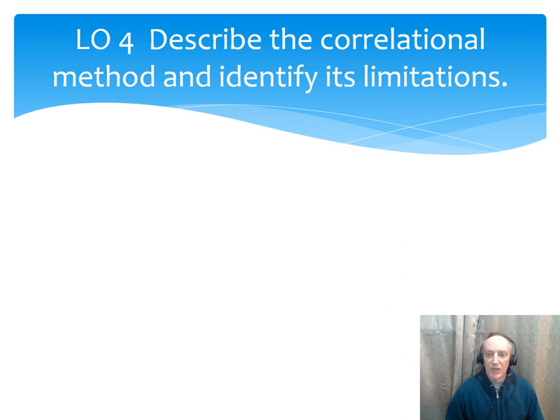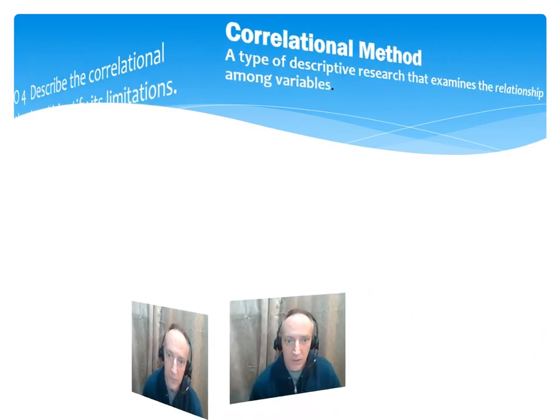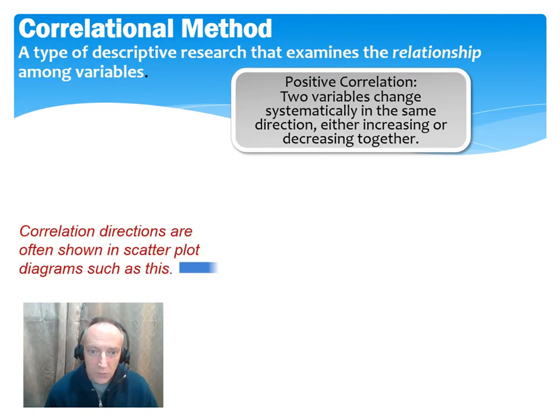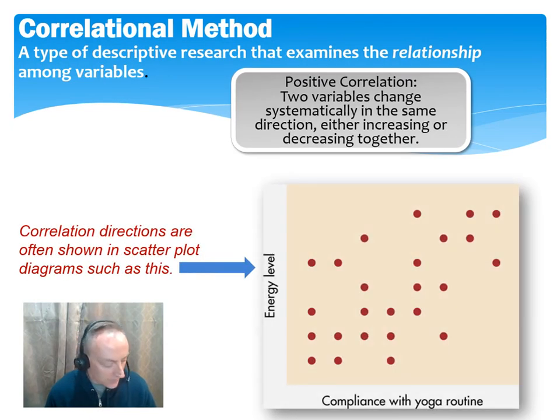If we know things are correlated and we know what's going on with one variable, we can make a prediction about what is happening with the other variable. So correlational research is a descriptive research method that tells us about a relationship between 2 variables.